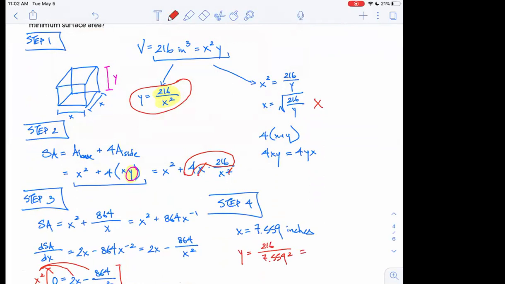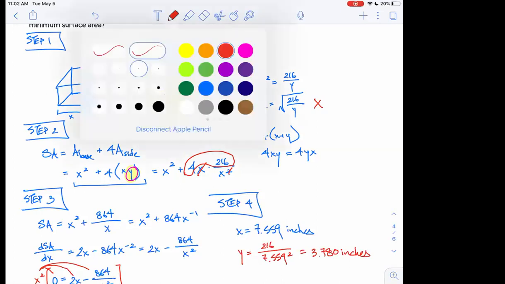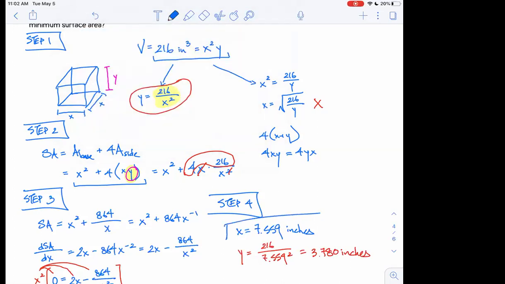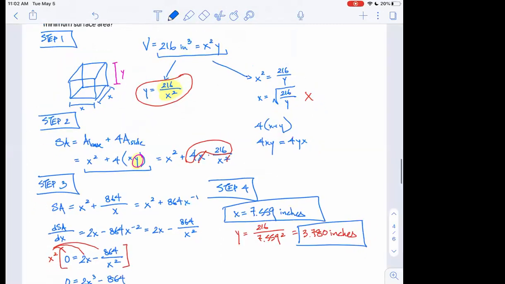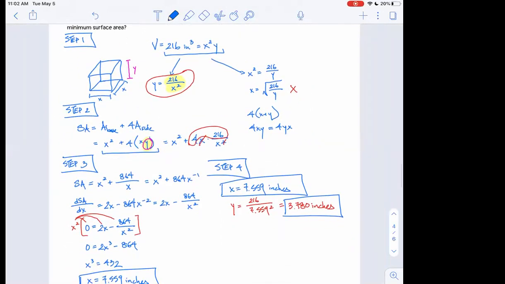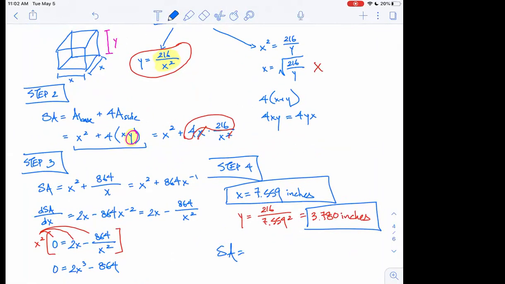And that will give me a height of my rectangular box to be 3.780 inches. All right, so I've got my x and I've got my height of the box. And the last thing that I need to find is my surface area. And again, if you organize your work really well, all of the formulas are already there. You just have to find the right ones to plug it back into.